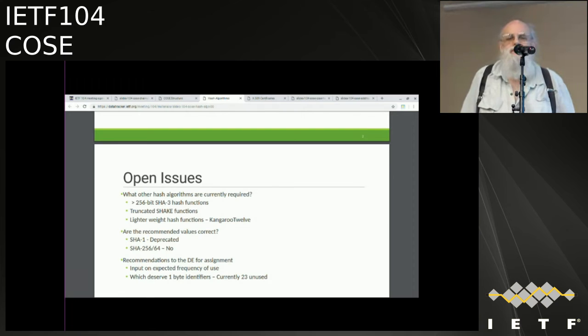And then you had a question regarding SHAKE 256 and SHA-3 512. Are they the same strength? They both provide 256 bits of security. SHA-3 512 has 512 bits of pre-image and second pre-image resistance, but collision resistance strength is 256 bits.